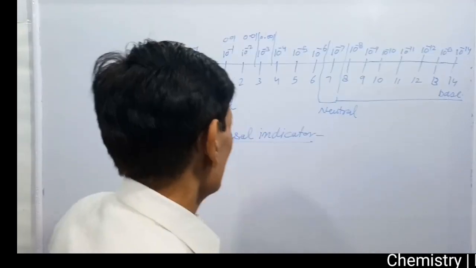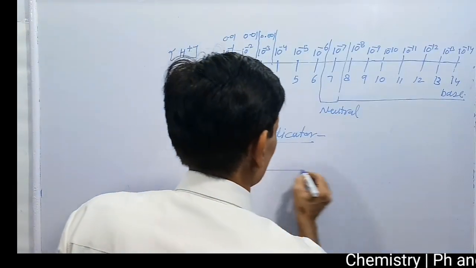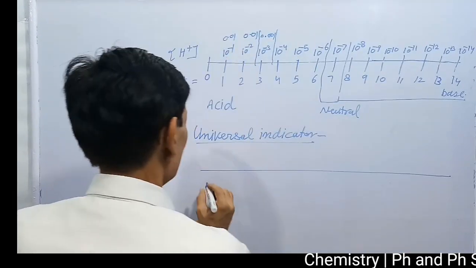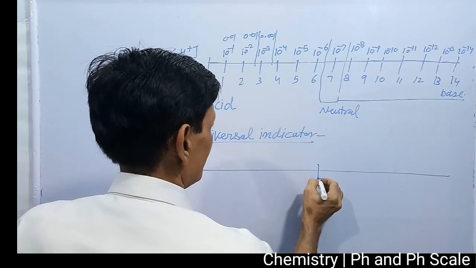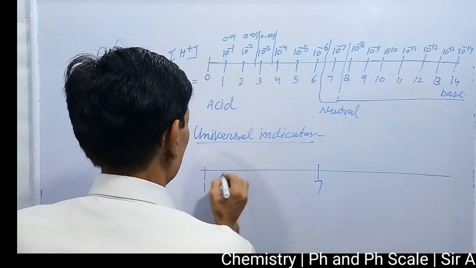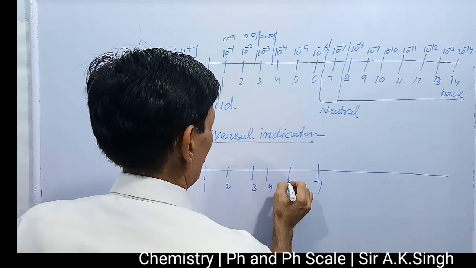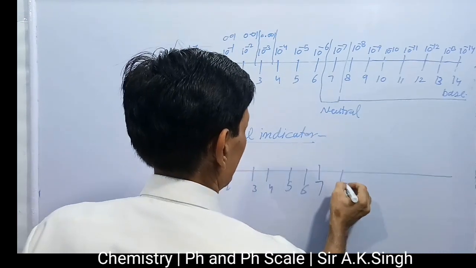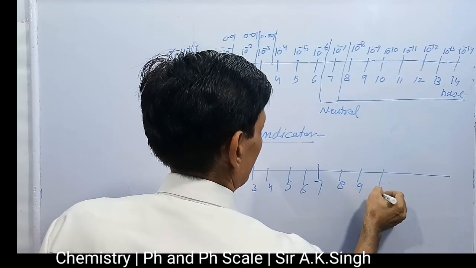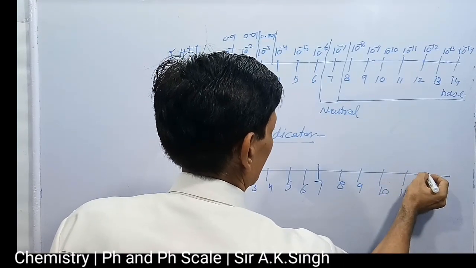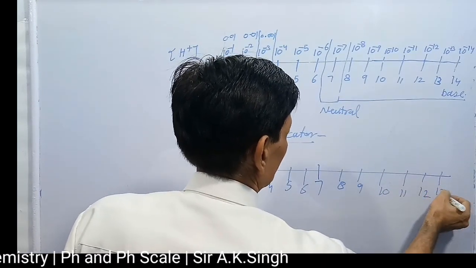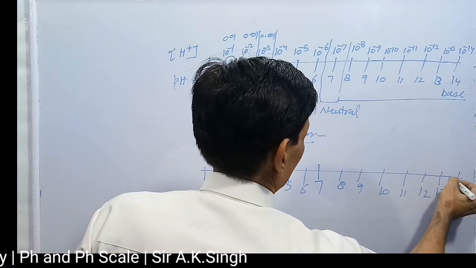Here universal indicator is represented with the numbers 1, 2, 3, 4, 5, 6, 7, 8, 9, 10, 11, 12, 13, 14.